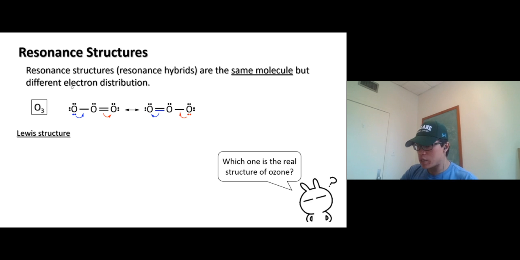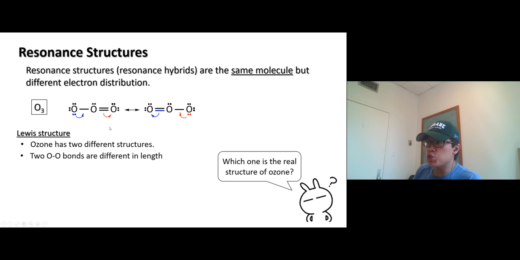If you take a look, this Lewis structure suggests that ozone has two different structures. And the two oxygen bonds in the ozone have different lengths, right? One is a single bond, one is a double bond. In the other structure, the double bond is on the left side and the single bond is on the right side.